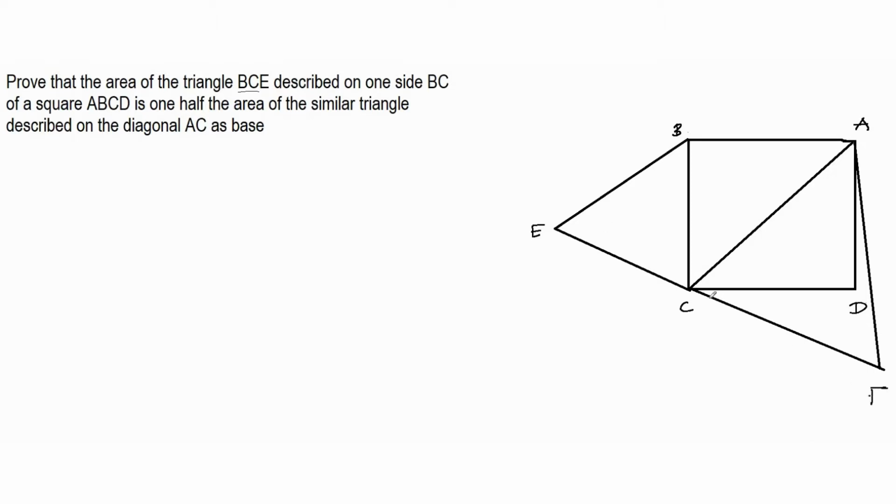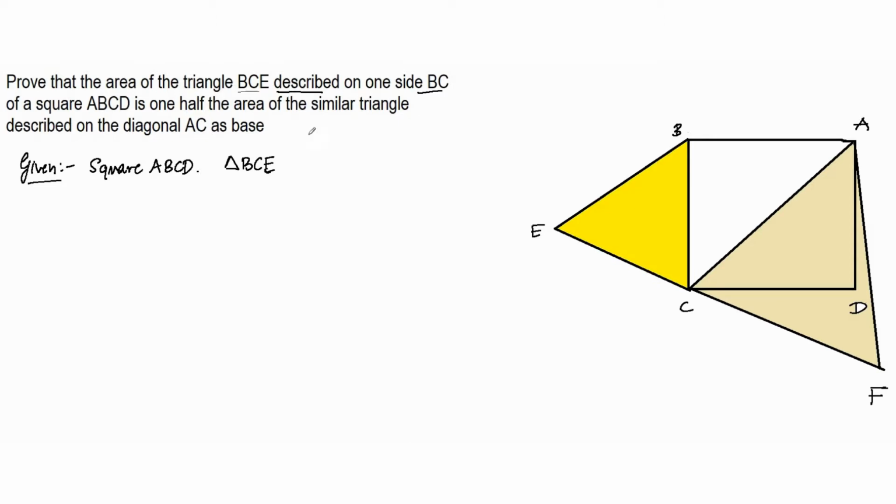Let us now understand what is given with respect to the diagram. It's given that, so let us note down, we are given a square ABCD. Triangle BCE, it's given that triangle BCE is described on one side BC of the square. So basically triangle ACF is similar to triangle BCE.